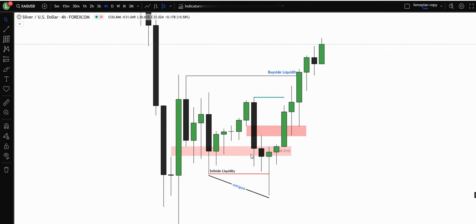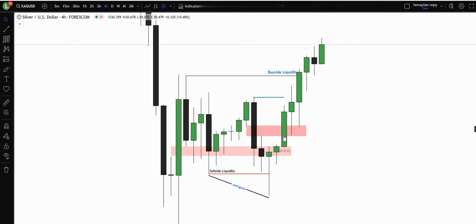Now after price closed above this, there's no way you can just enter that because you have another PDRA here. So my entry was based on this IVG. It could have been a balanced price range if it has an overlap of fair value gap this side, another fair value gap this side. Then yeah, so this to me is an IVG.